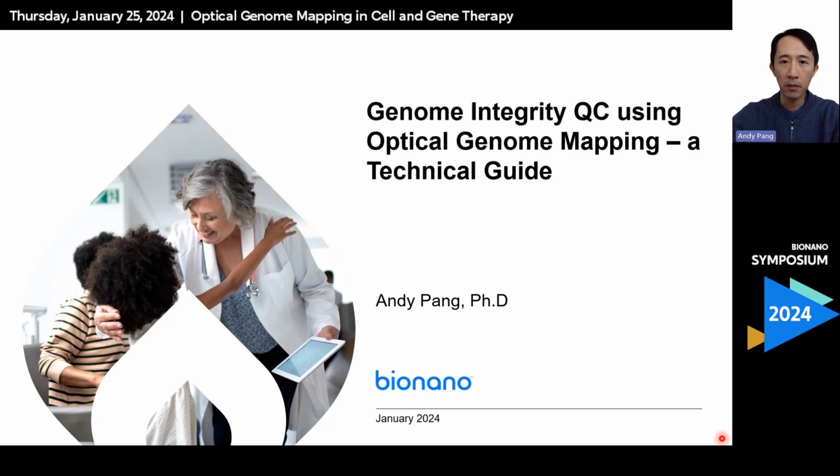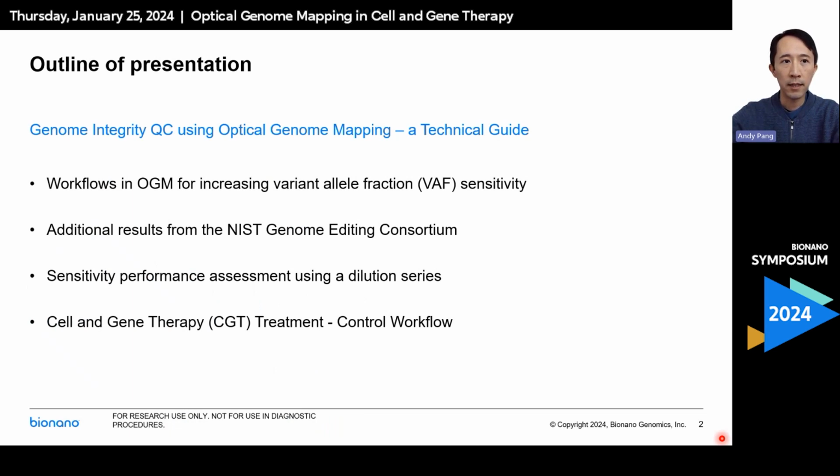Today I'll be talking about using optical genome mapping for genome integrity QC. So here is an outline of the talk. First, I'll introduce the various OGM workflows for various variant allele fraction (VAF) sensitivity.